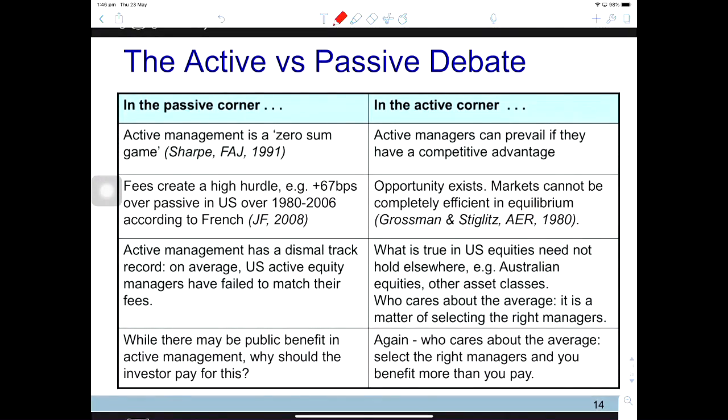So based on our discussion of how active managers generate active returns and how managers are chosen by the institutional investors, we come to the debate of how we can allocate our funds to passive products or active products.